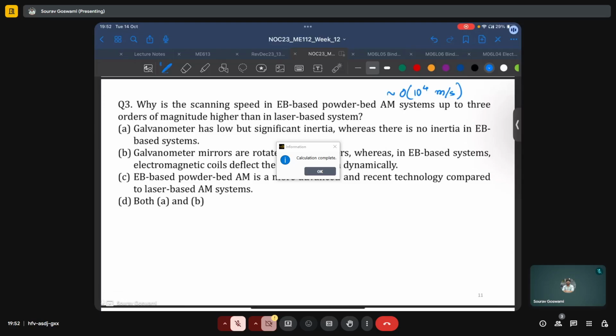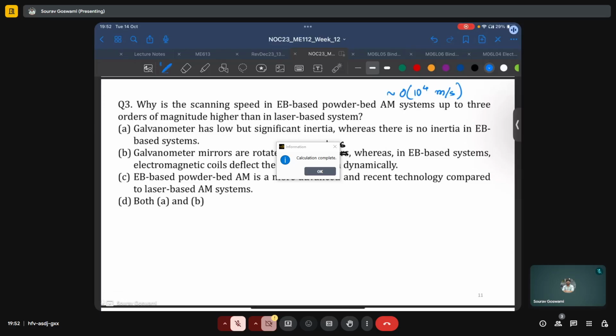Is it because galvanometer has low but significant inertia, whereas there is no inertia in EB based systems? Is it because galvanometer mirrors are rotated using motors, whereas in electron beam based systems, electromagnetic coils deflect the electron beam dynamically?